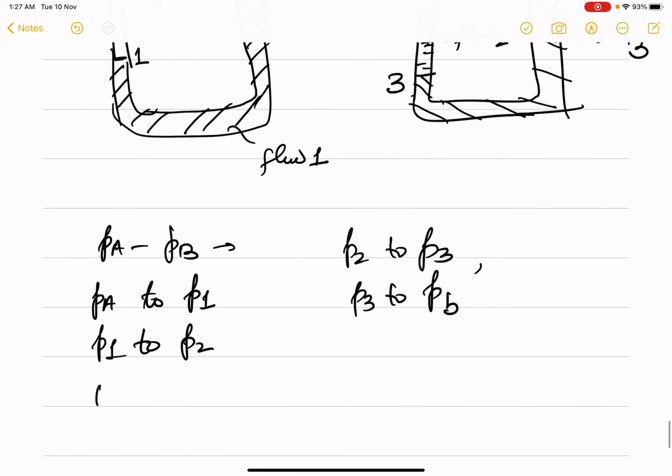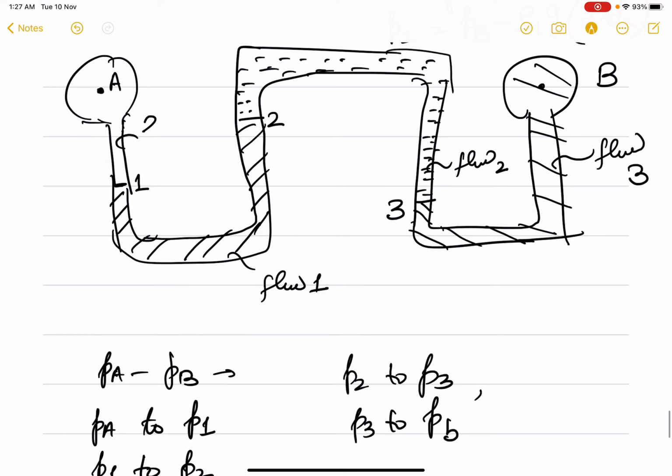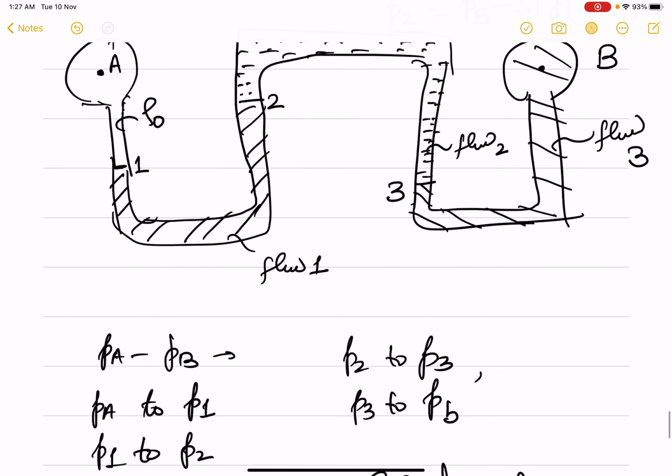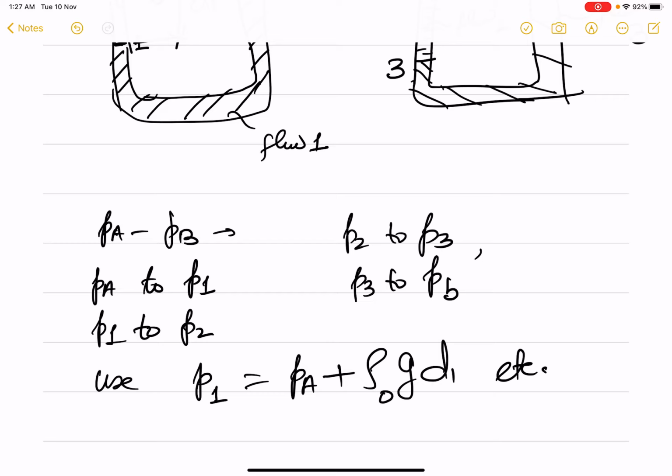And we will use P at some point P1 is equal to PA plus rho 0 G D1 etc., where this is rho 0. So we'll use all these types of relations, and thus we will go by measuring these height differences. We can measure the pressure difference between A and B if we know the density of the fluid.